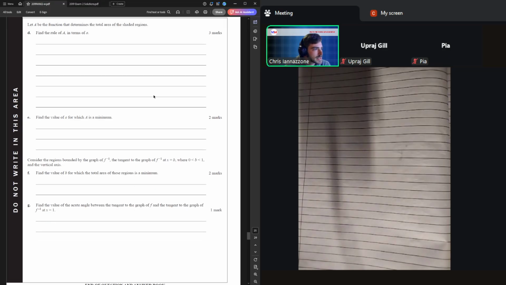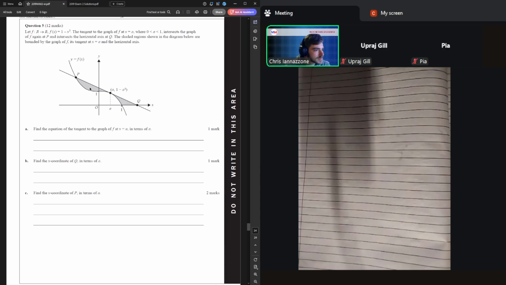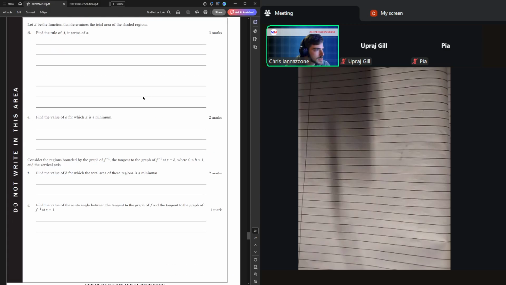Question D. Capital A is the function that describes the total area of the shaded regions. So, this little bit between P and A, and then between A and Q. Find the rule of capital A in terms of little a. It's 3 marks, so you're going to do a fair amount of that in handwriting.